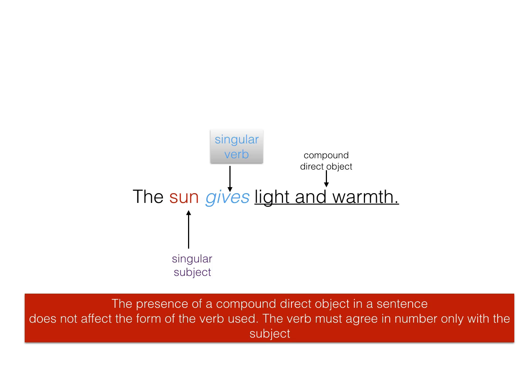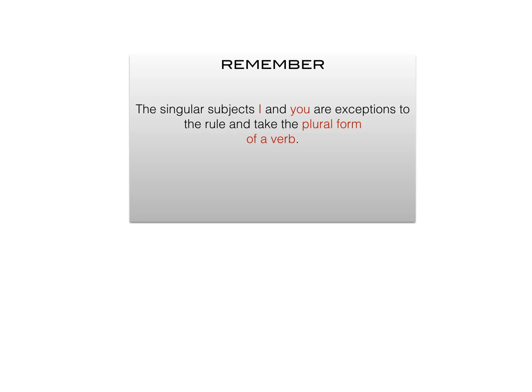Now, the presence of a compound direct object in a sentence does not affect the form of the verb used. The verb must agree in number only with the subject. Now always remember, the singular subjects I and you are exceptions to the rule and take the plural form of a verb.